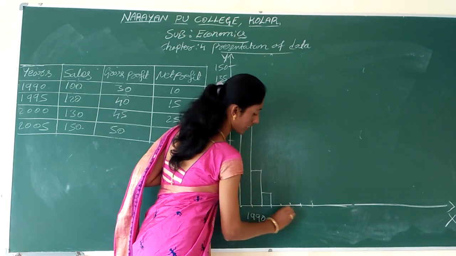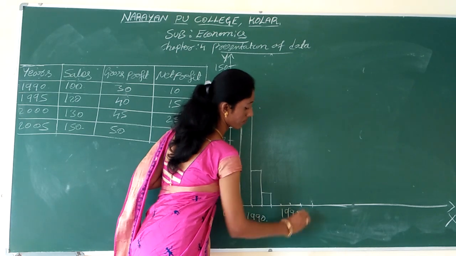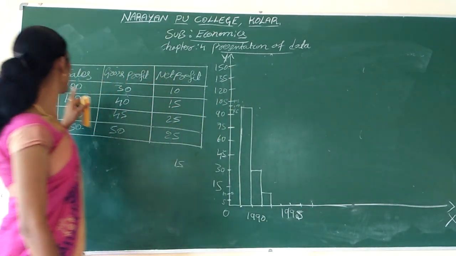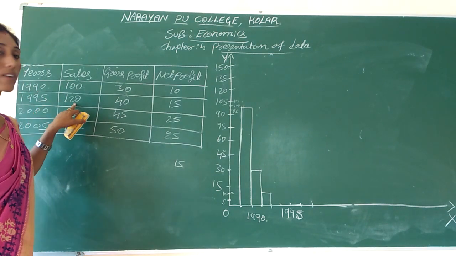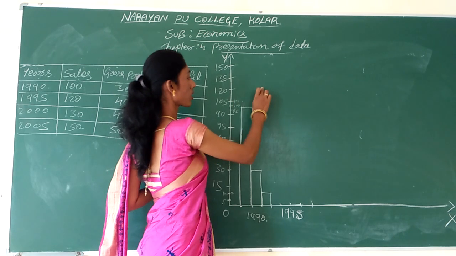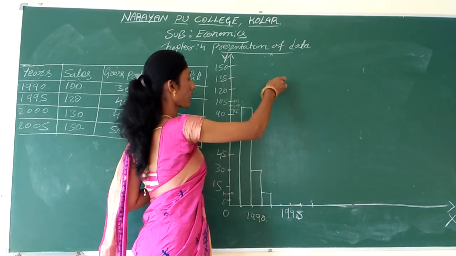That is 1995. Here under 1995, the sales of the company is 120. Where is 120? Here, right? Come to the particular point now.